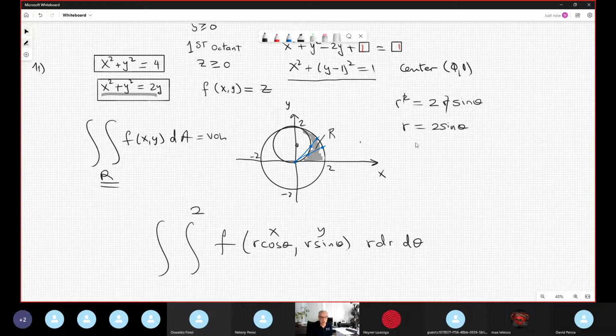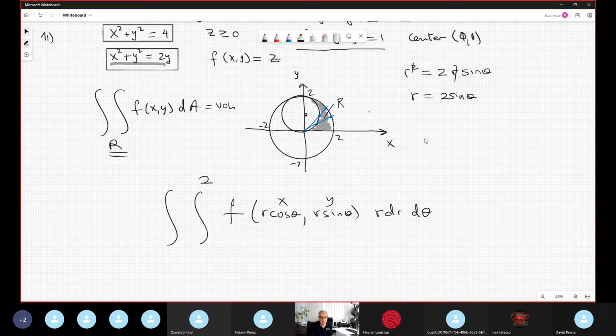So I go from the r of the first circle, que es the small one, que es variable, depending on theta, of course, to 2, que es the constant radius of the second circle. And it's obvious que theta goes from 0 to pi over 2 because my region lies in the first quadrant.